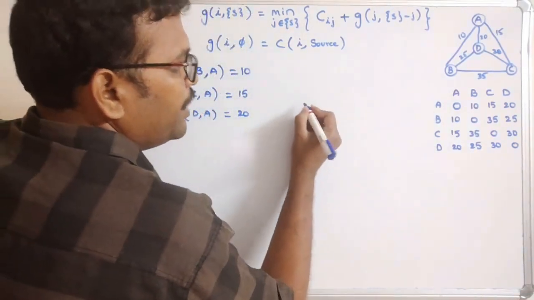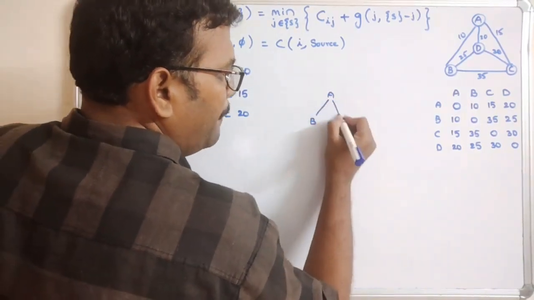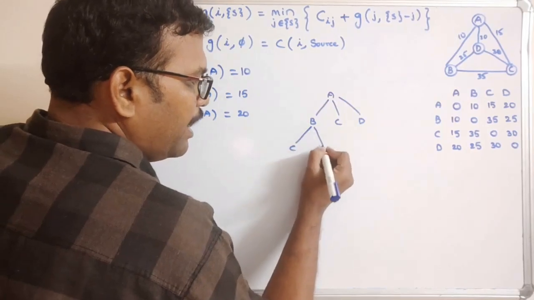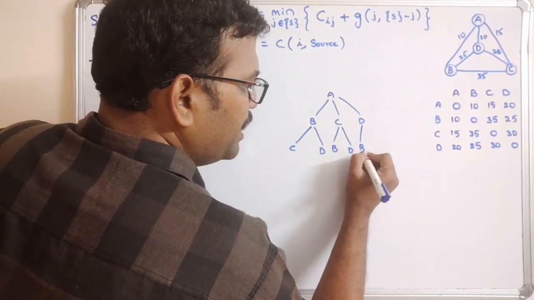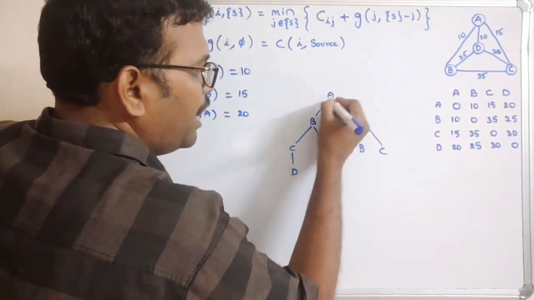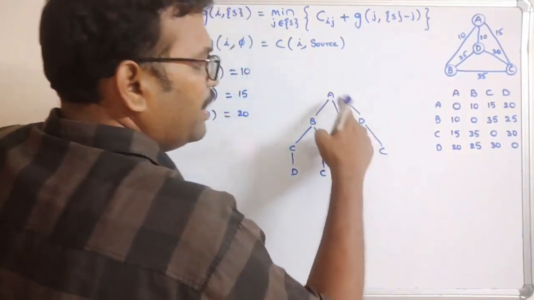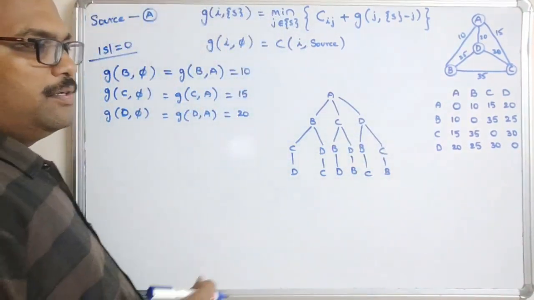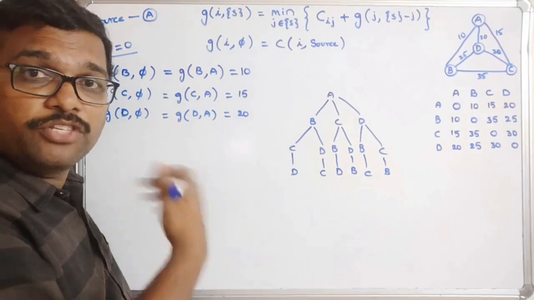For example, I am saying A is here, the next vertex can be B, C and D. From this, if B, the next can be C and D. If C, the next can be B, D. If D, the next can be B, C. And A, B, C, obviously it will be D. A, B, D, obviously it will be C. If A, C, B, it's D. A, C, D, it's B. A, D, B, it's C. A, D, C, it's B. So only one vertex remains, so all the vertices have been visited, right? So these are all the possibilities.